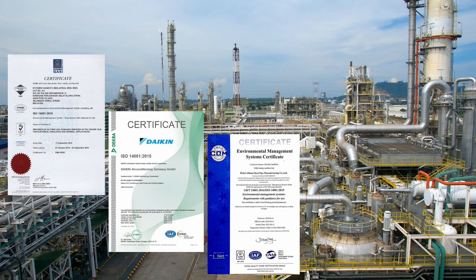So this certification is not just a paper, it represents commitment. For example, the companies you see here have worked hard to reduce their environmental impacts, conserve resources, and comply with regulations.